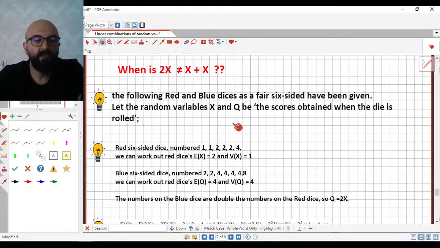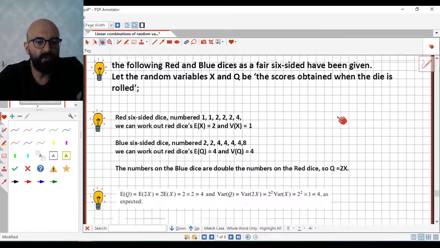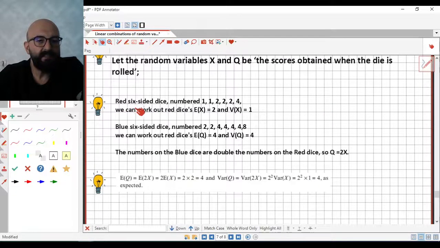Okay, now when is 2x unequal to x plus x? The following red and blue dice, both fair six-sided, have been given. Let the random variables x and q be the scores obtained when the die is rolled. For example, the red six-sided die is numbered 1, 1, 2, 2, 2, 4.